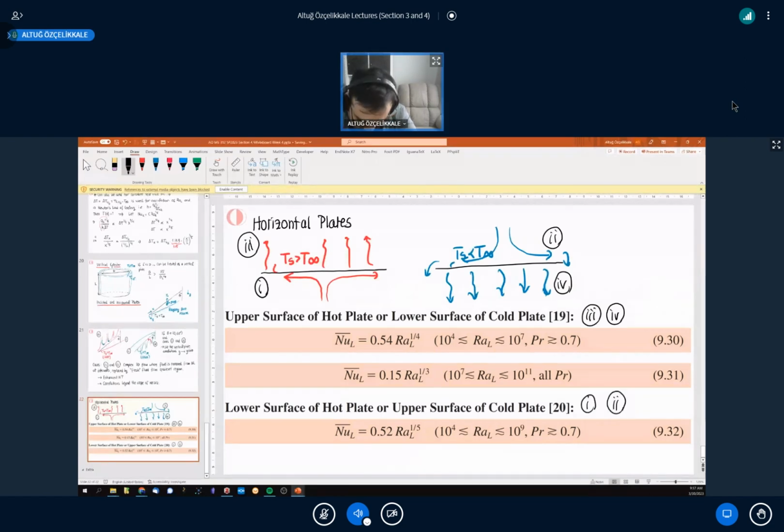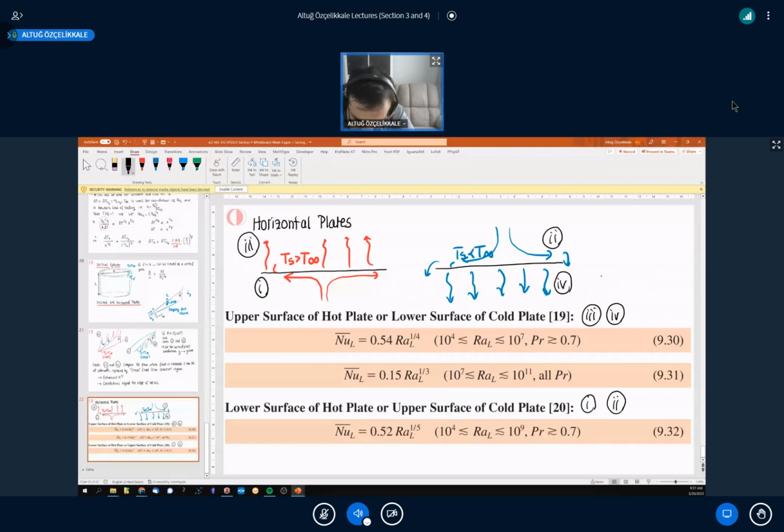Now, one question over here is which length scale you are going to be using. We have an expanded definition of length here. When we had a vertical plate, the length was clearly defined. That was the direction in which the boundary layer would develop. However, this time we need to consider the characteristic length.